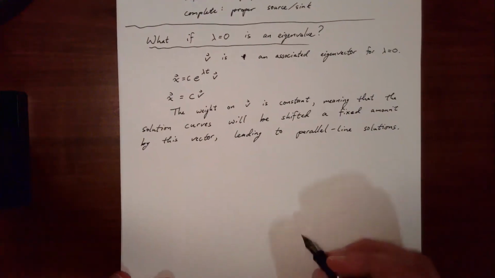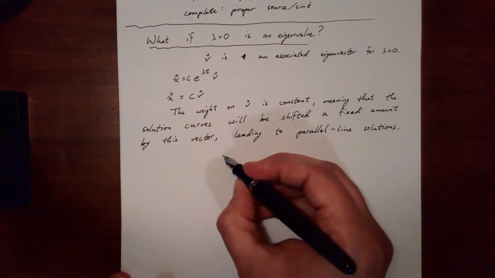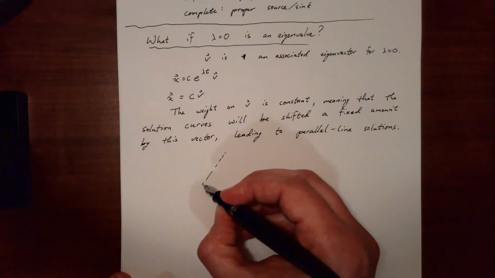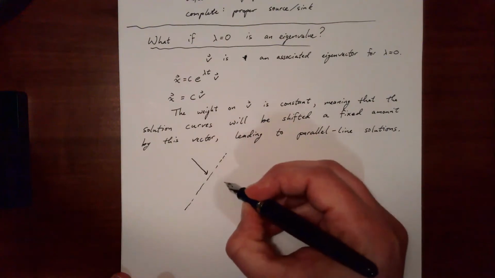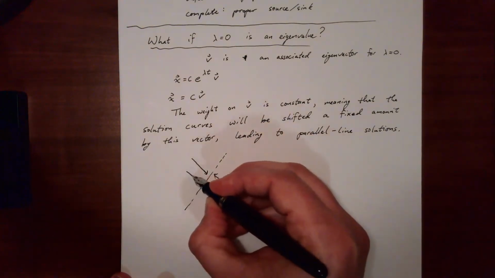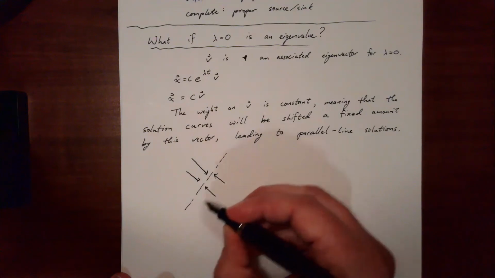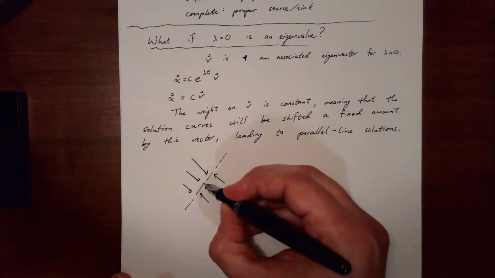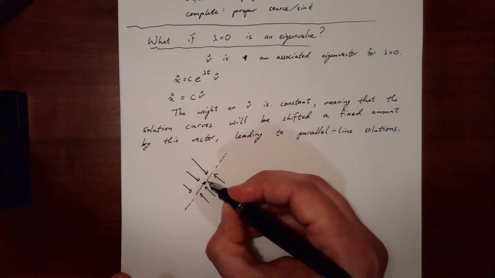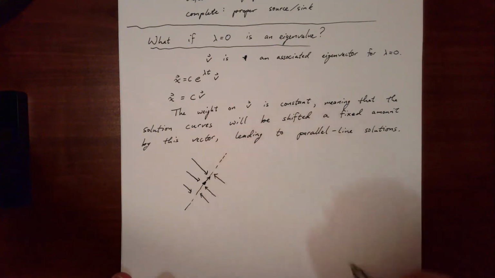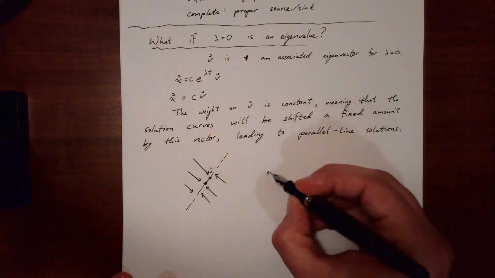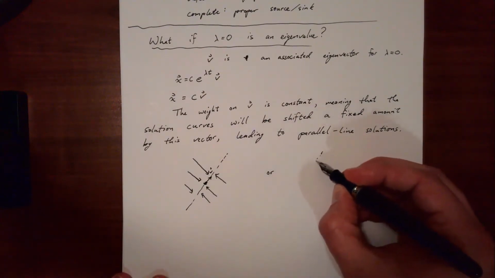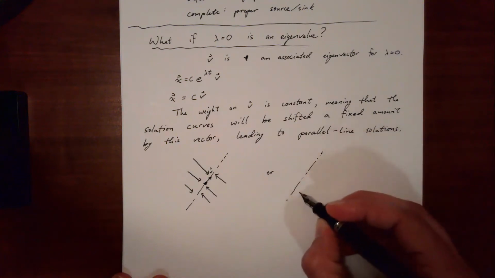And in particular here, let's say something like this. And this is, let's say, the direction of v. And this will all be based on whether the other eigenvalue is positive or negative.